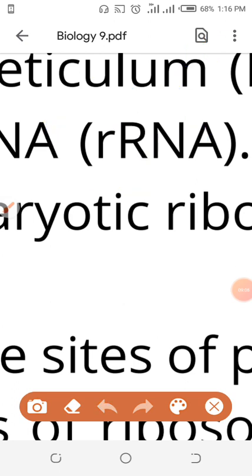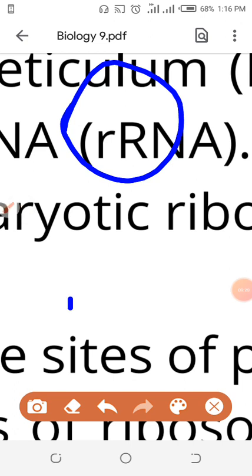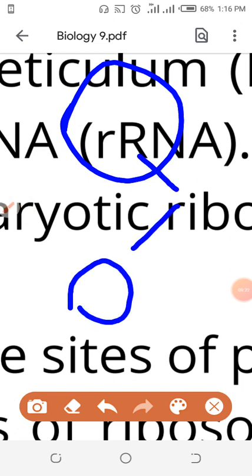So who is making the structures of the ribosomal units? RNA. Once again, what is the composition of the ribosomes? Ribosomes are composed of the large ribosomal unit and the small ribosomal unit, which are composed of ribosomal RNA. Now you are getting the true concept.